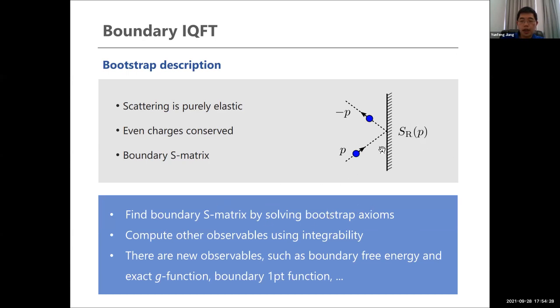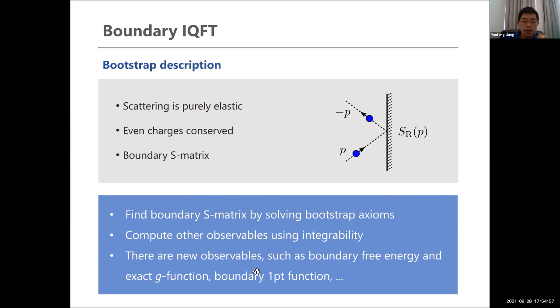By specifying some analyticity conditions for the boundary S matrix, you can actually find a non-perturbative solution for the boundary S matrix in a number of important examples. And then once you have both the bulk and the boundary S matrices, you can again compute other observables like the spectrum and the correlation functions.